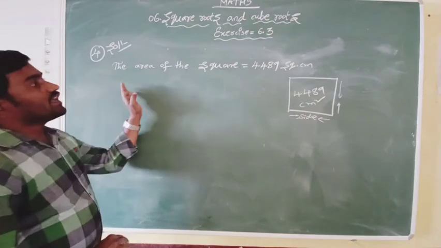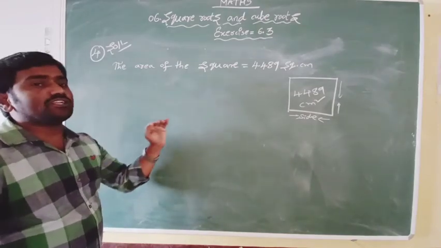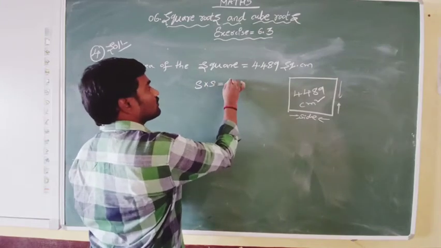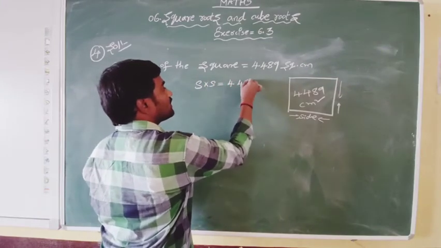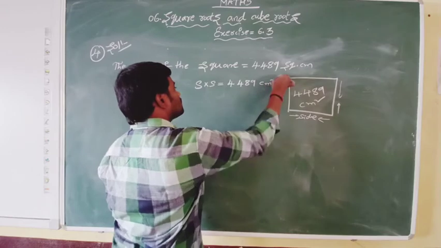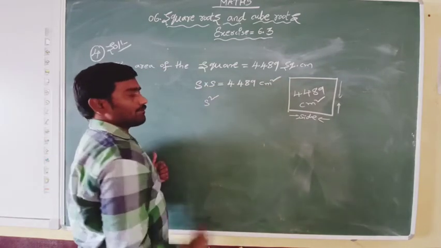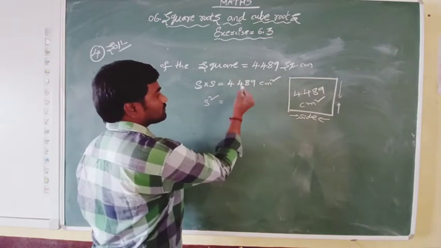We know the area of the square formula: side into side. So S into S equals 4489 centimeter square.